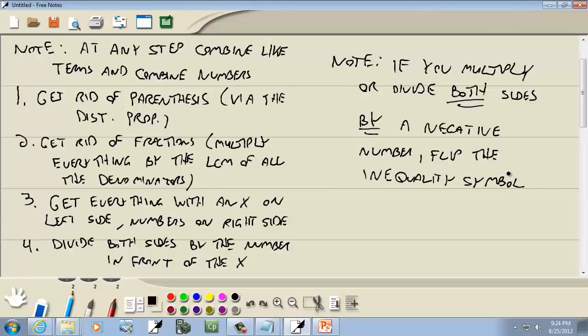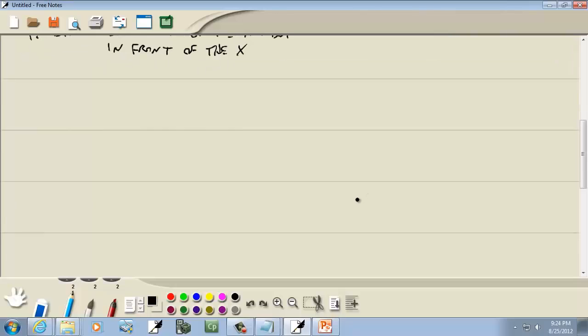So flip the inequality symbol. Now let's take a look at some problems.